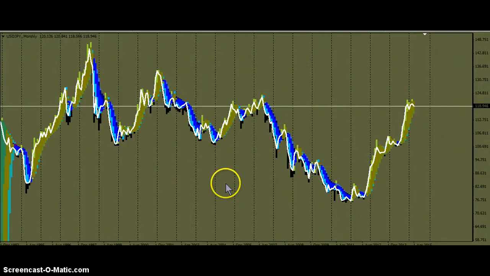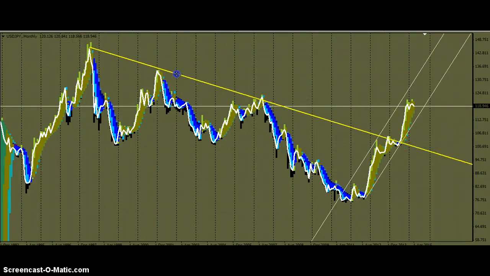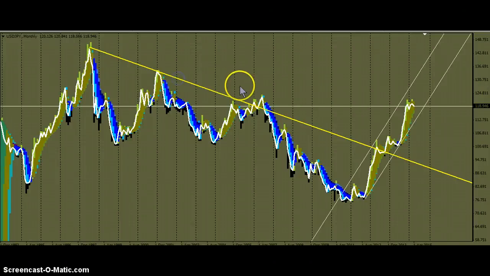Everything's got to be to the nth degree. But this is an incredible setup here. The top becomes a bottom, explodes, does a whole nice, beautiful, balanced move there. I don't know. Go look at this line here. I guess this was the fake out breakout that didn't quite work out.